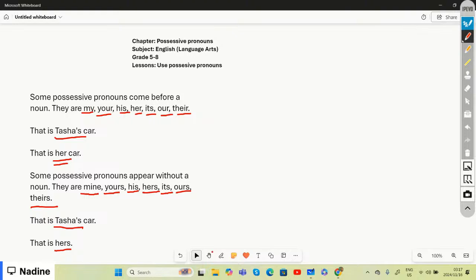And if it takes the place of a noun, right, then it's almost like the wording is shortened. And here we have a few examples of possessive pronouns, which are my, your, his, her, its, our, and their.